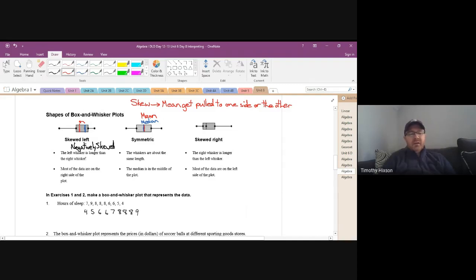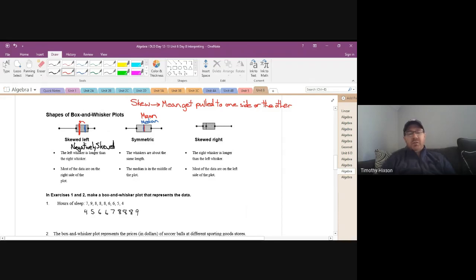Okay, the left whisker is longer than the right whisker. Most of the data are on the right side of the plot. That's why our median is here. But our mean has gotten pulled over. Now, we don't draw this in our box plot. I'm simply showing this to you to illustrate where it would be, okay? But this has been skewed to the left or negatively skewed.